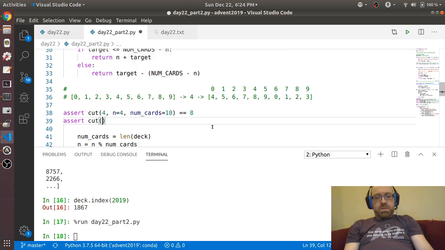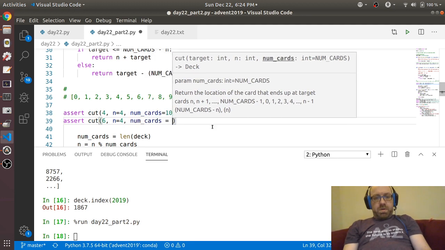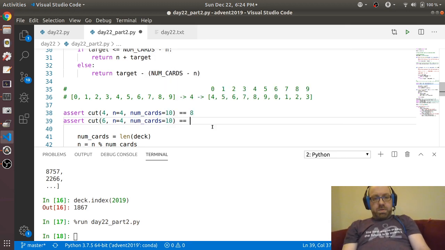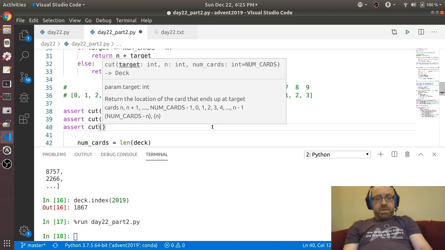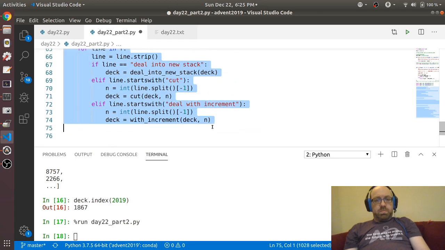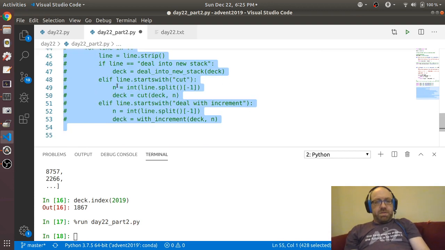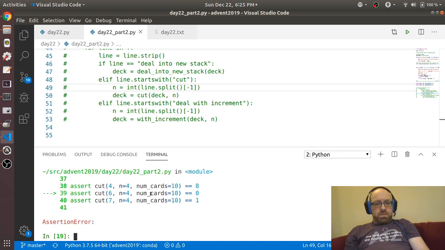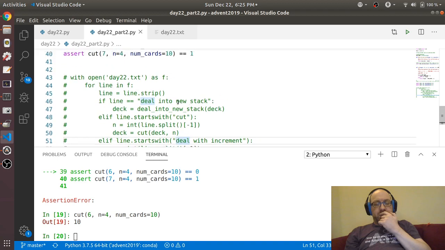Assert that cut 6, n equals 4, num cards equals 10 equals 0. Assert that cut 7, n equals 4, num cards equals 10 equals 1. And let's just run these tests. Cut 6, n equals 4, num cards equals 10 gives me 10, which is wrong.